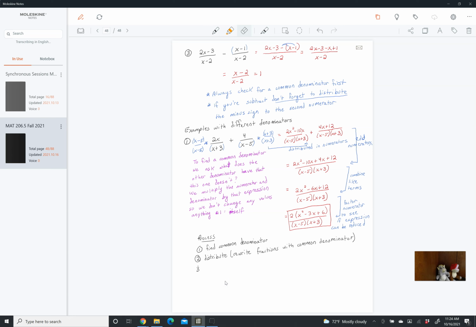Once we've done that, we add the numerators. And then we're just checking to make sure that we can't reduce the fraction.